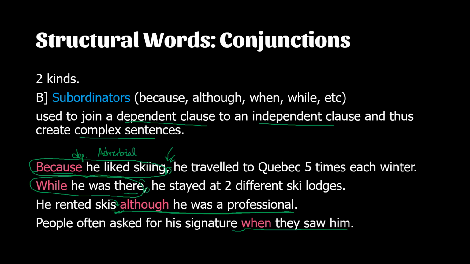They are adverbials because they answer questions like why. Why did he travel to Quebec 5 times each winter? When? He stayed at 2 different ski lodges. When? While he was there.